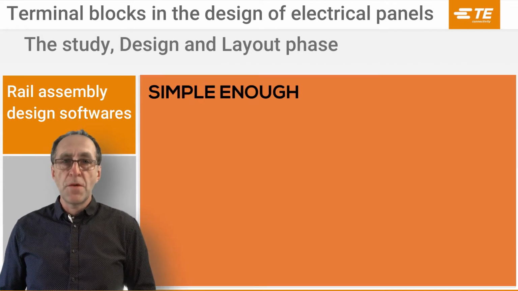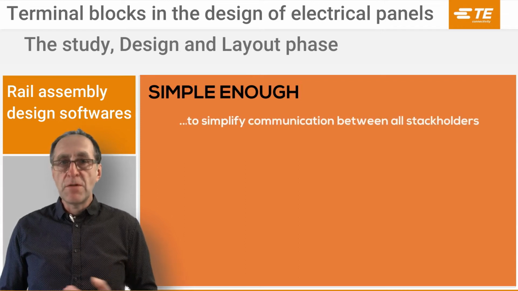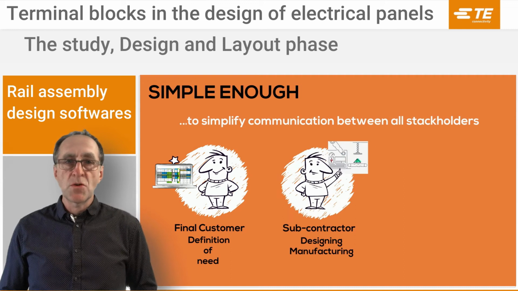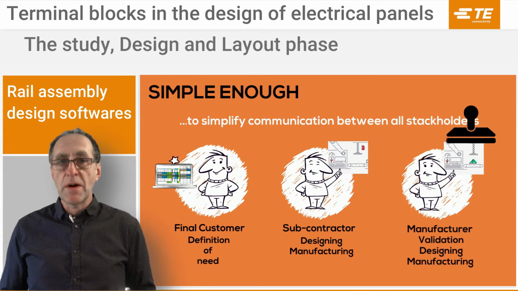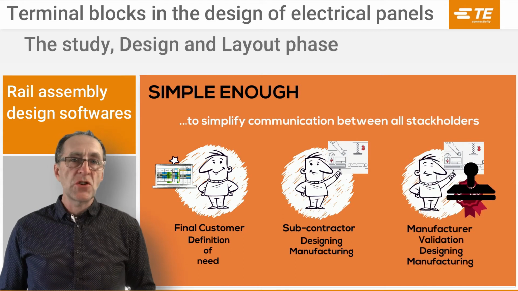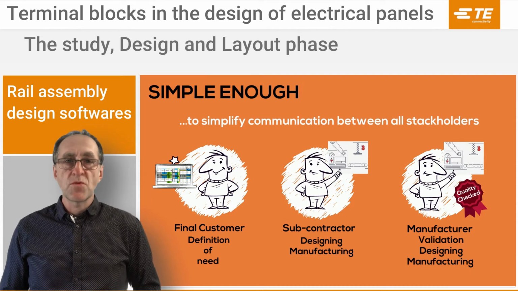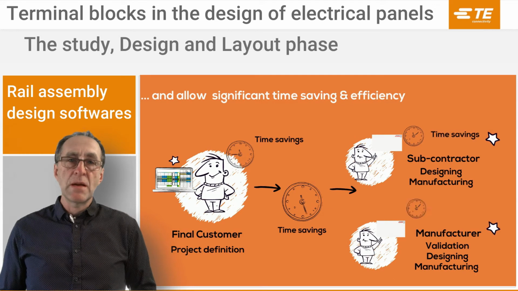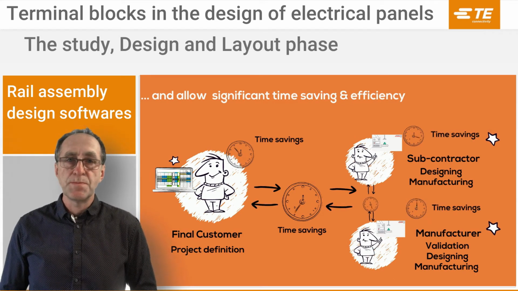software. First, the interface must be very simple to be easily handled by all stakeholders of such a process in order to simplify and secure the technical data exchange related to this project, and consequently to allow significant time savings and efficiency.